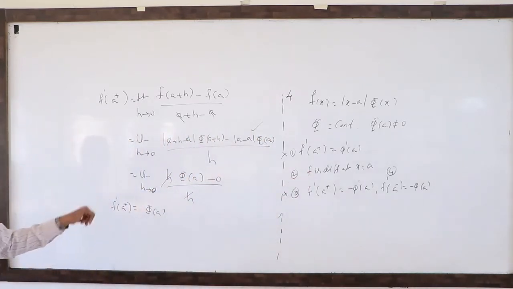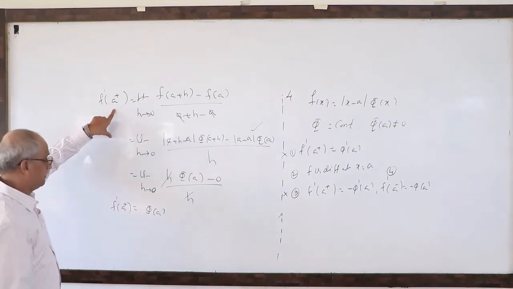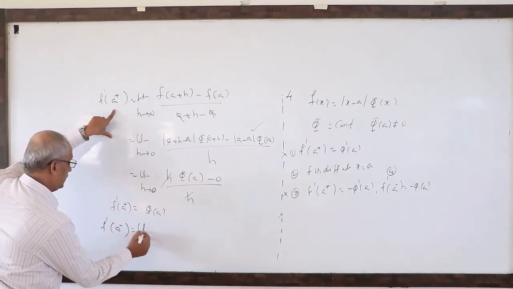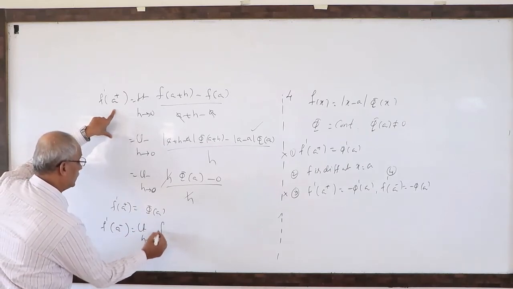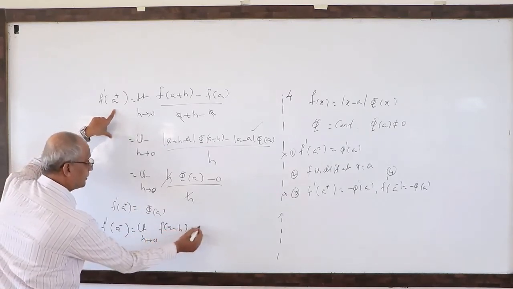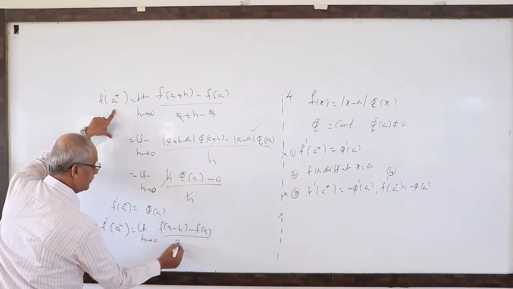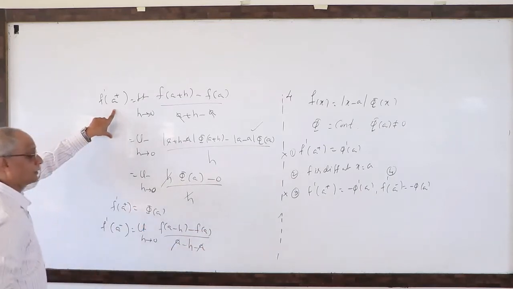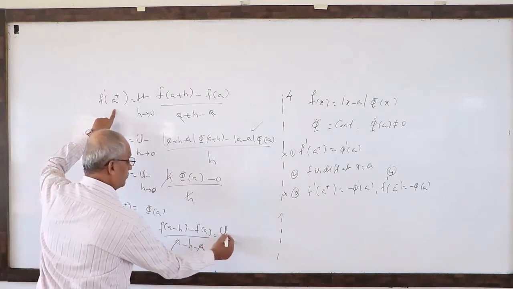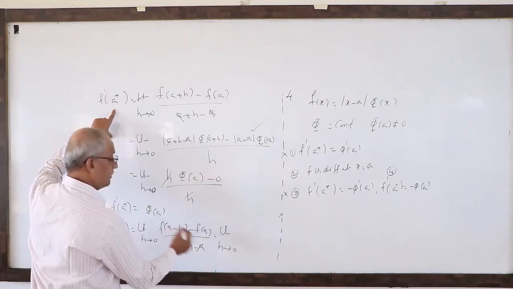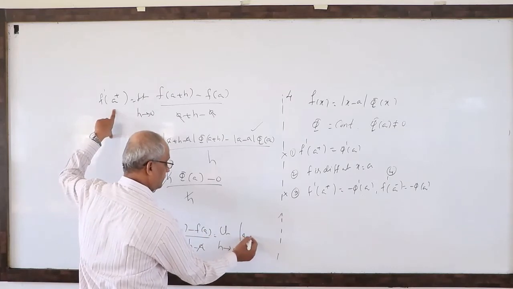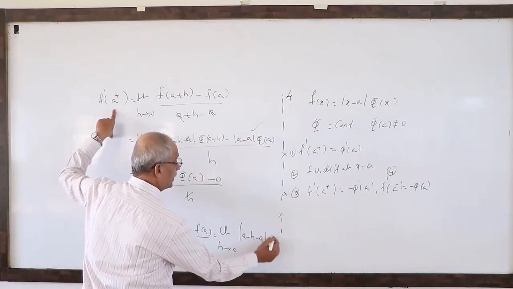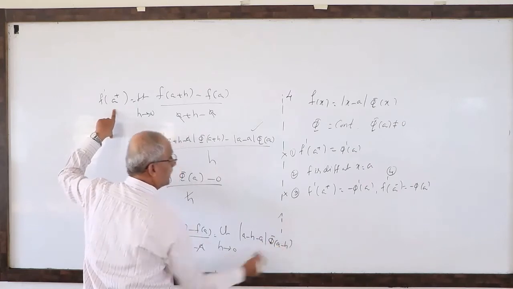So we are finding the left hand derivative, f dash of a minus. h tends to 0, f of a minus h minus f of a by minus h. What is a minus h? Modulus of a minus h minus a, then phi of a minus h.